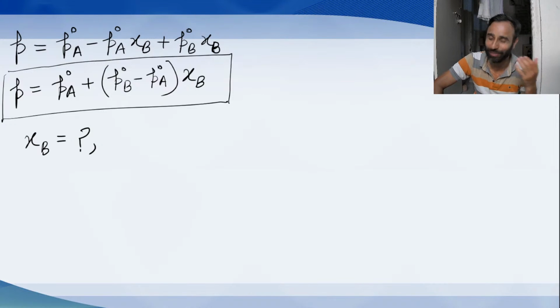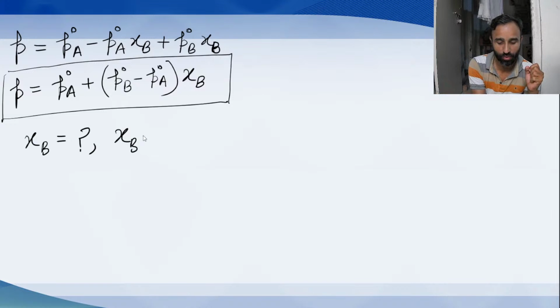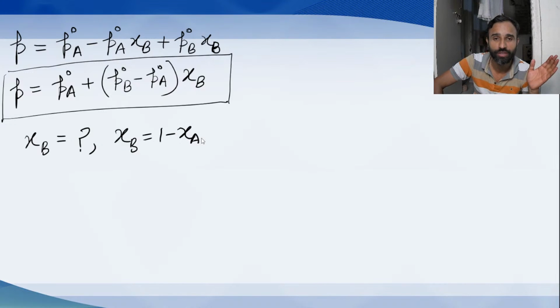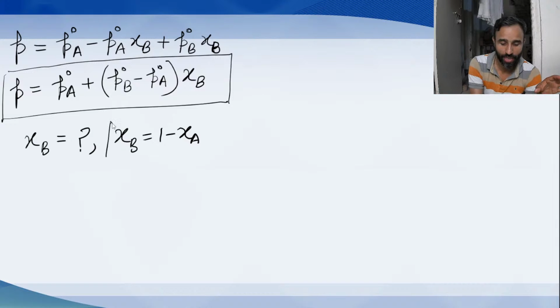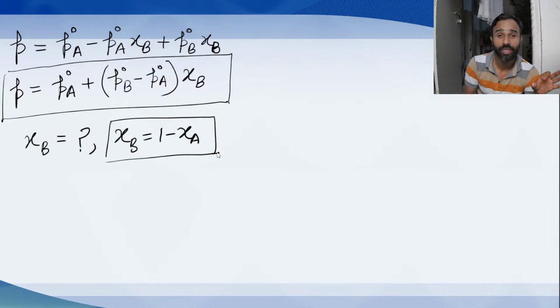XB equal to 1 minus XA, but XA is also not given. Either XB or XA, both are not given to us. So at least one we should calculate.